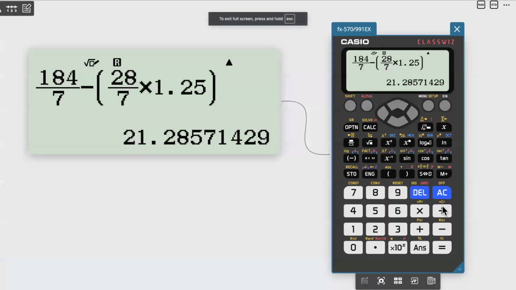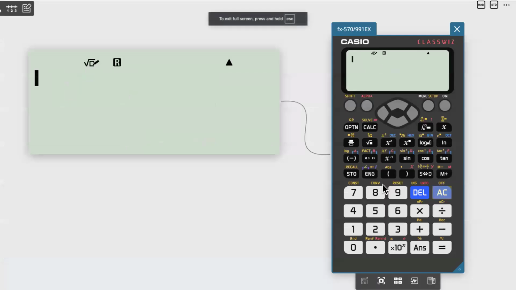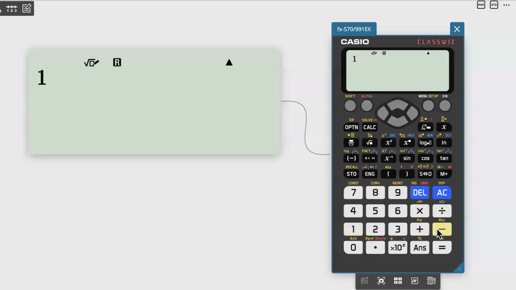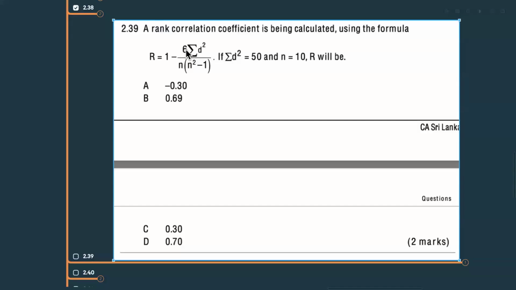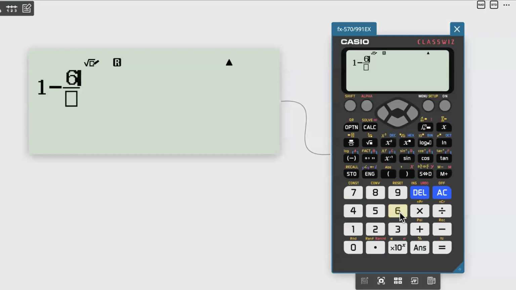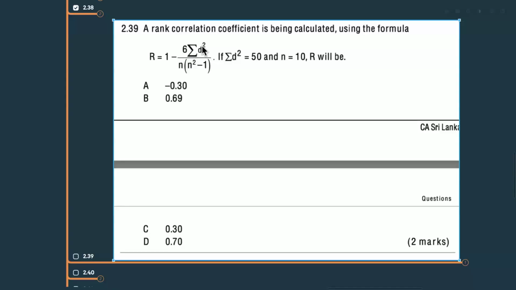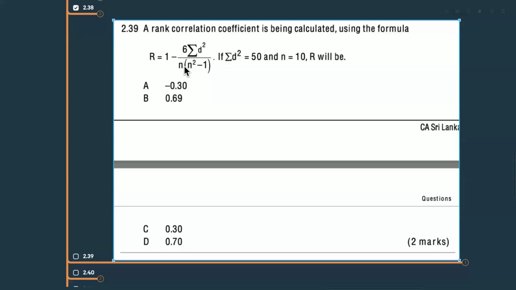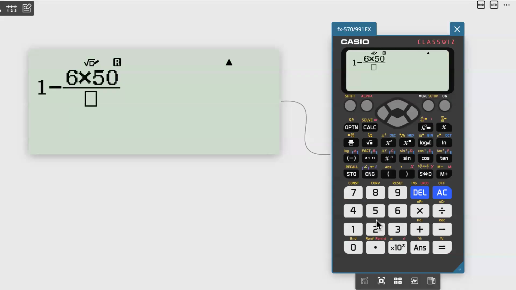First, I will do this in the calculator. We put 1, take away 6, then sigma d squared, which is 50. Then in the bottom part, n is given as 10.